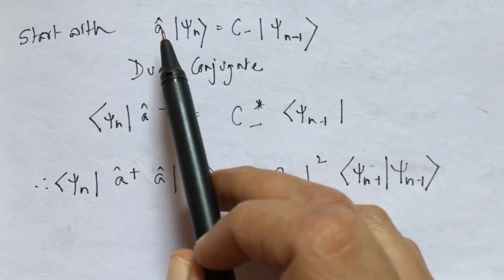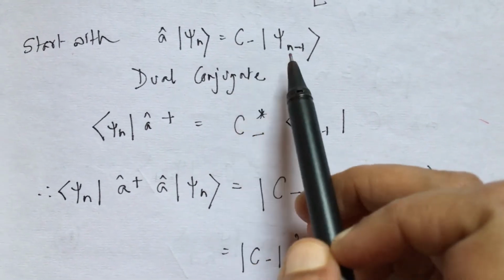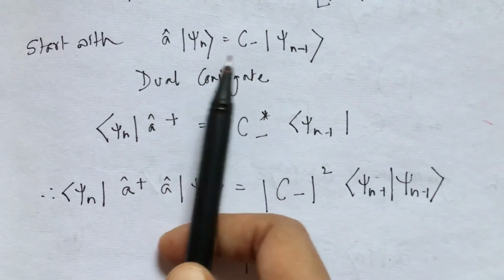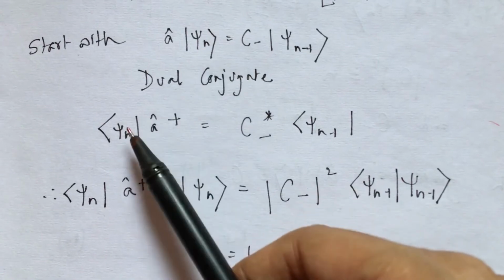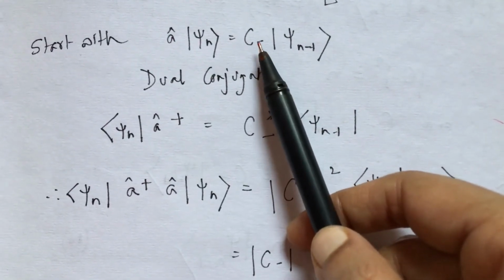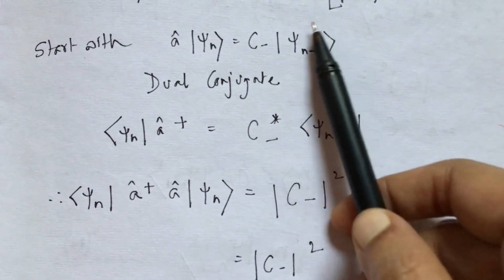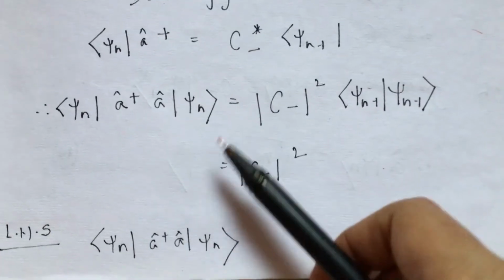Now if I start with A psi n equals C minus psi n minus 1, making the dual conjugate of this equation, I will get this. This ket psi n becomes bra psi n, and A becomes A dagger. This is a complex number, so it will be C minus star, and this ket psi n minus 1 will be a bra psi n minus 1.